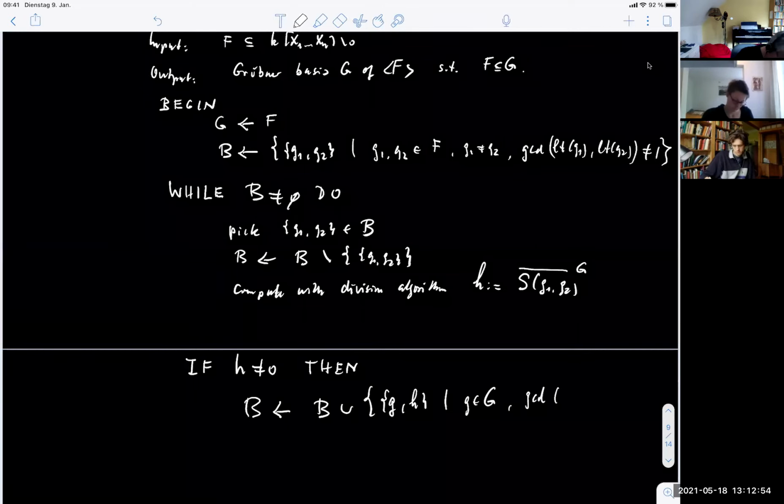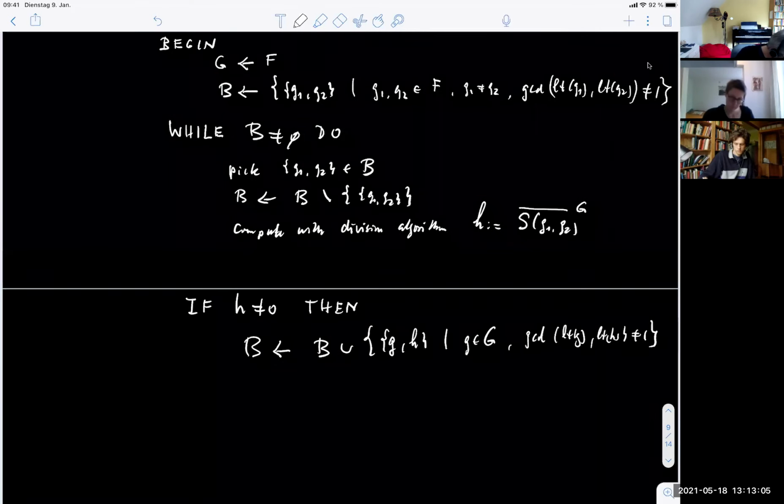If you actually implement it, of course, this is important. This saves a lot of time. And G is also updated. I add to G, H. I wrote it in this order and not the other way around. If I would first update G, then it's not so nice because in the definition of B, G enters again. So it's better to do it in that order.